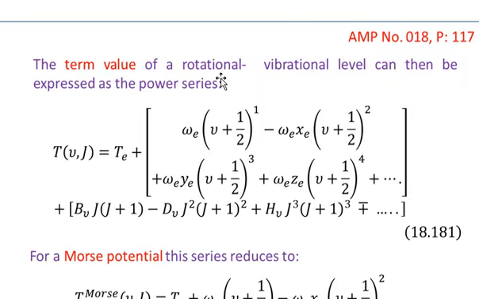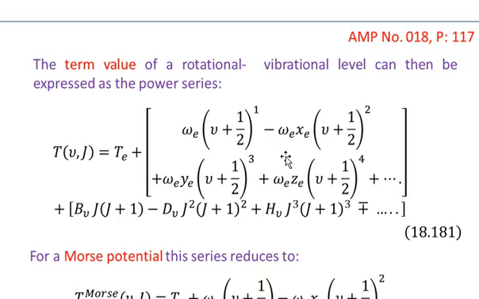The term value of a rotational vibrational level can then be expressed as a power series. On the left hand side, I have the term value, which is a function of the vibrational quantum number V and the rotational quantum number J. And on the right hand side, I have TE, which stands for the electronic energy, plus this square bracket, which contains different terms with different powers.